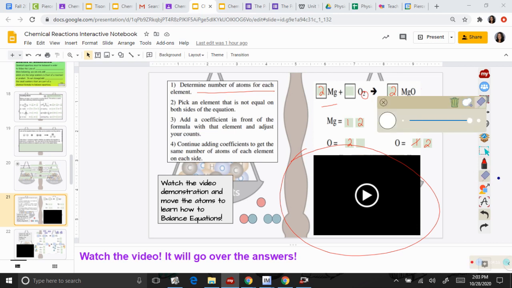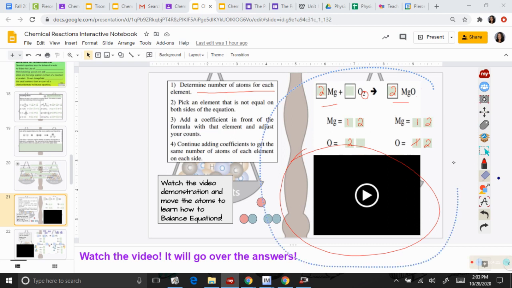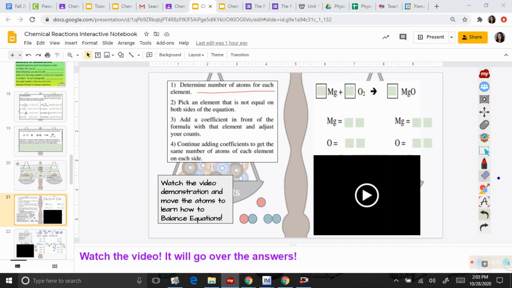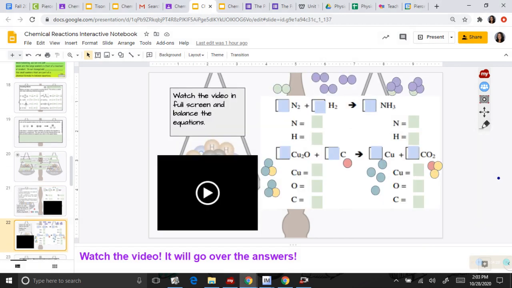Okay? So if we move on to the next one, this one's a little bit trickier. We are going to look at right here. This one I have 2 N's, I have 2 H's. I have 1 N and 3 H's.